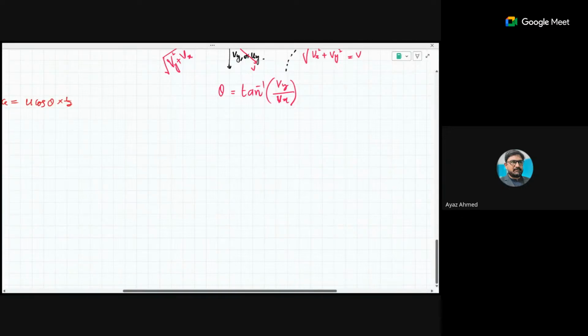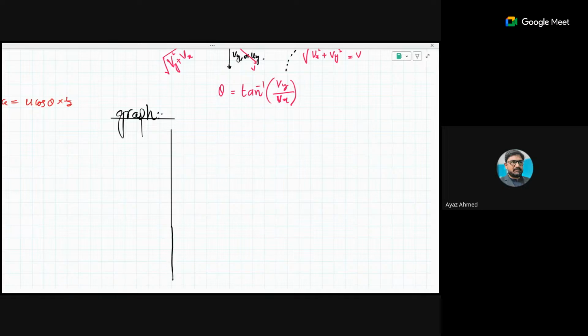Then, as I told you, there are graphs of projectile motion as well. For the graphs, you have one trick: as the horizontal component of the velocity does not vary, I can draw that in this way. Now, let's say a projectile had an initial speed of, let's say, 6.